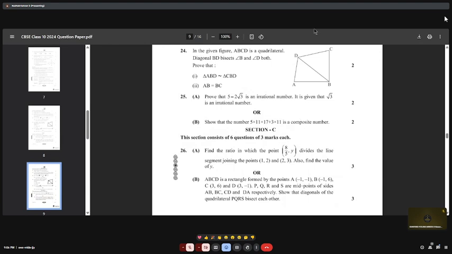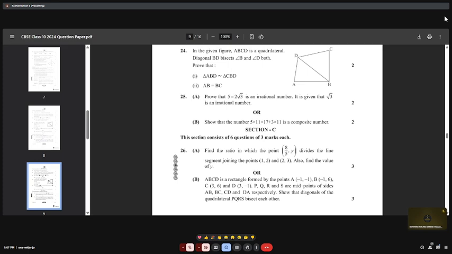So just by rearranging these numbers, we can easily prove that. I'll just write it down. 5, 11, 17, plus 3 into 11. Okay.